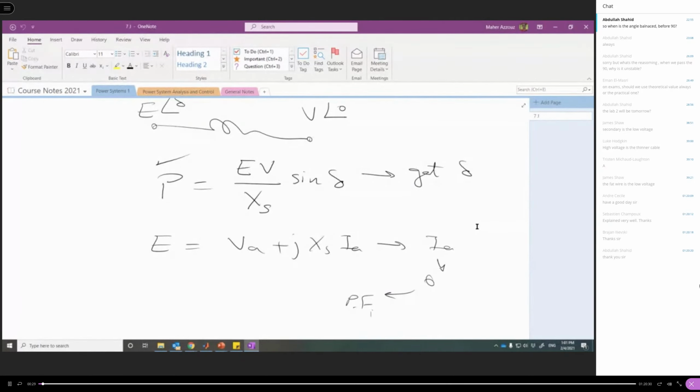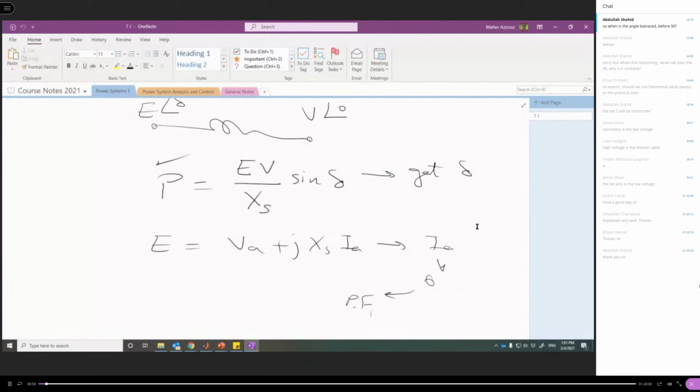What I mean is, without transformers, we wouldn't have the power system that we see today. We wouldn't be able to deliver power over long distances, and we wouldn't see high voltage transmission lines and so on. So the transformer is the main reason behind the power system that we see today.